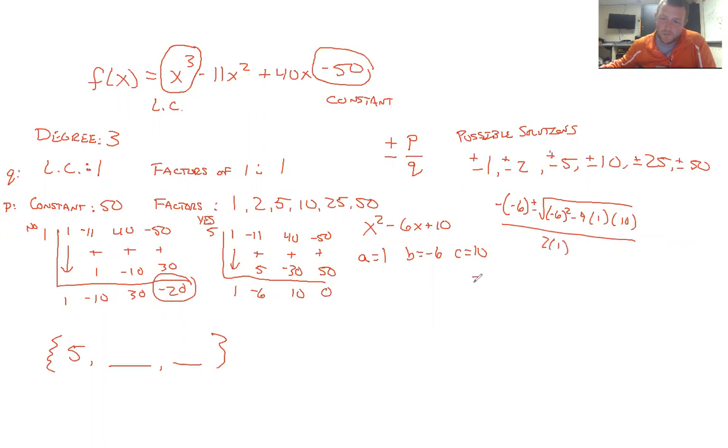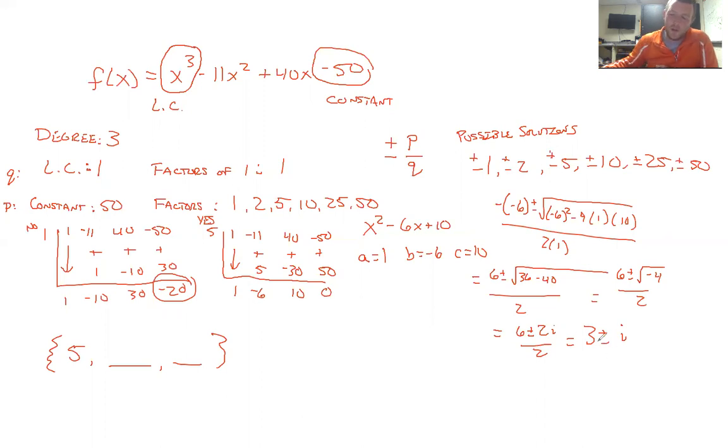That equals 6 plus or minus the radical of negative 6 squared, which is positive 36, minus 40, over 2. That equals 6 plus or minus the radical of negative 4 over 2, which is 6 plus or minus 2i over 2. And lastly, I can divide both by 2, so it's 3 plus or minus i.